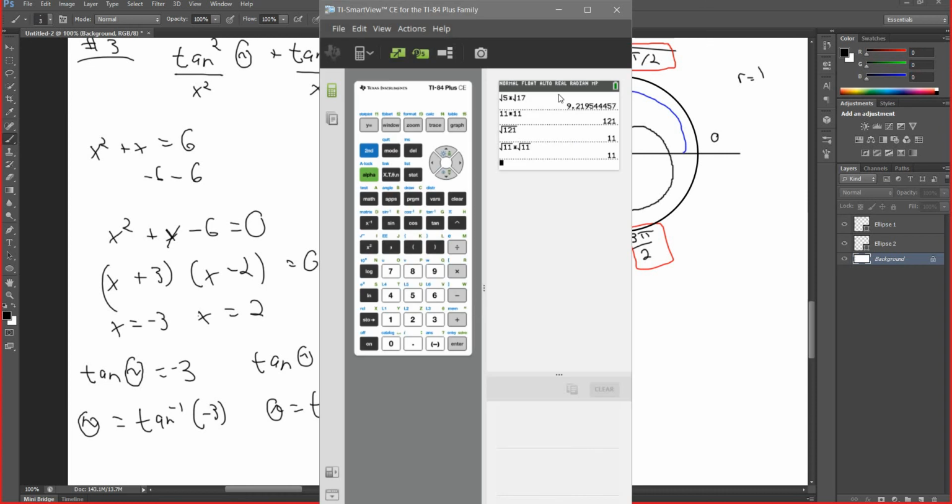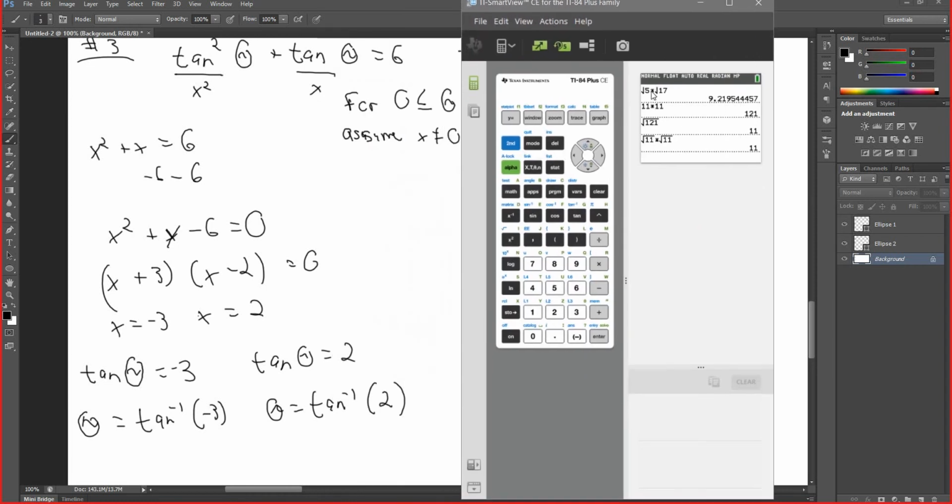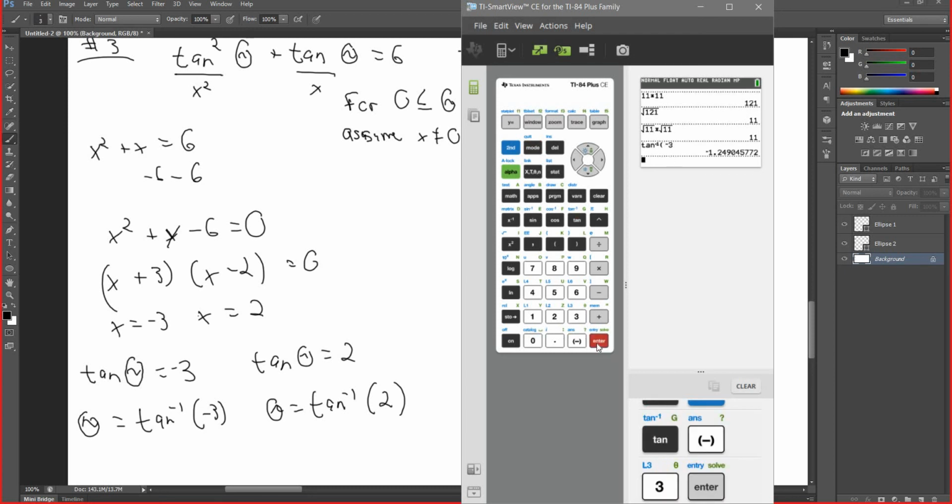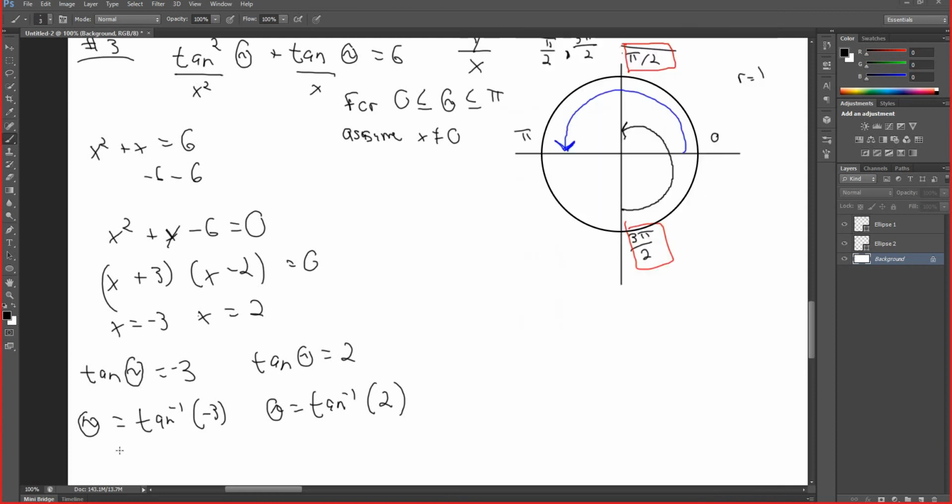If you have a calculator on you right now, you could do these in your calculator. I'm going to put these in radian form. Let me make sure I'm in radian form. I'm good. So I have tan inverse of -3 is going to give me -1.249.